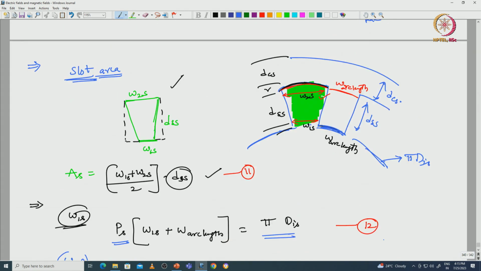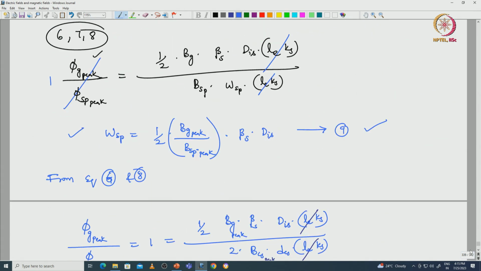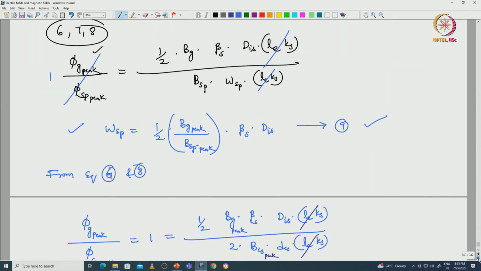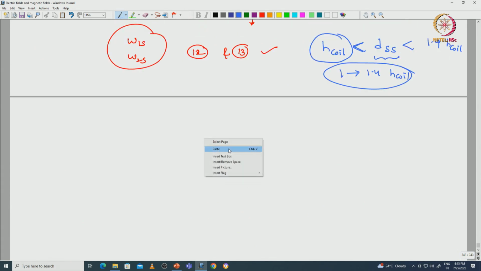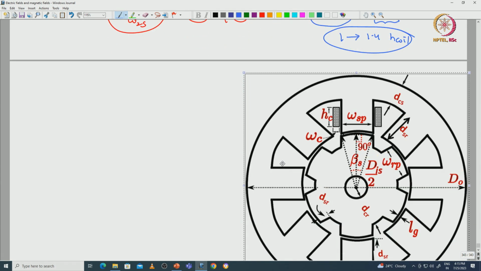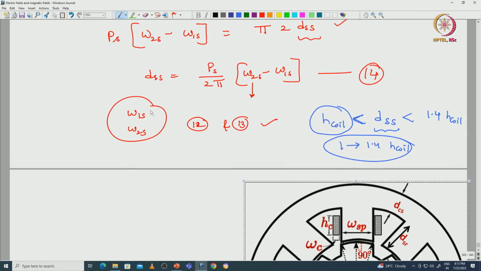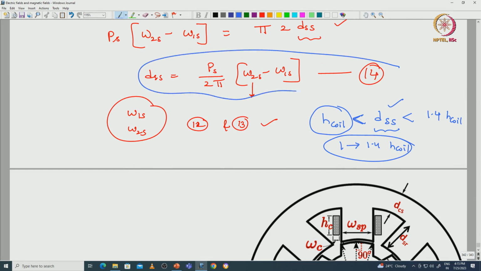The height of the coil is, here we can see, this is the height of the coil, this one HC represents the height of the coil. So, if we know the height of the coil, then we can find the slot height also in this range, or we have to follow this equation.